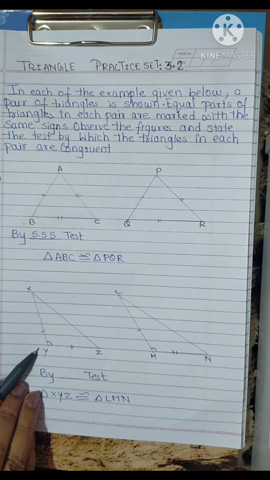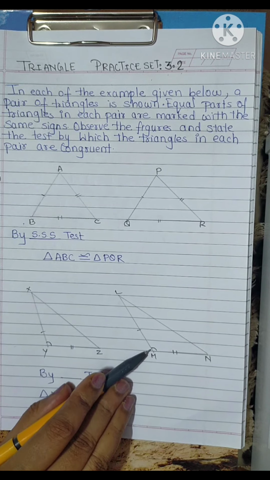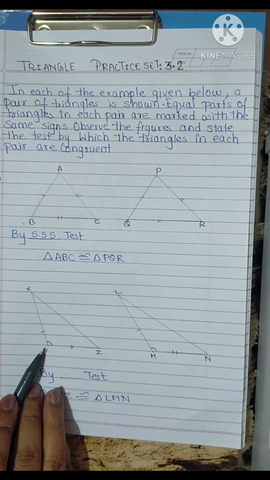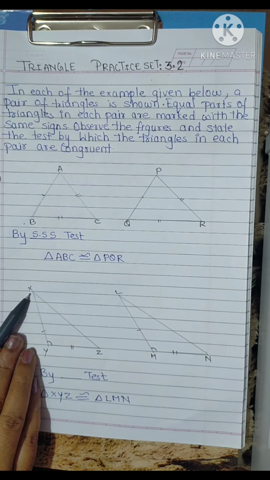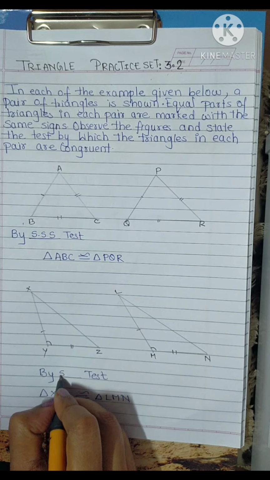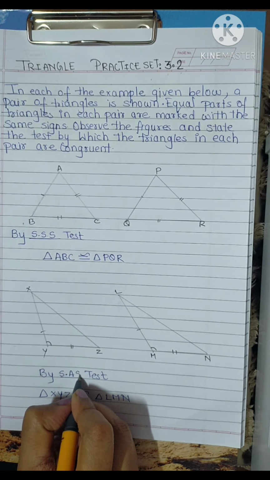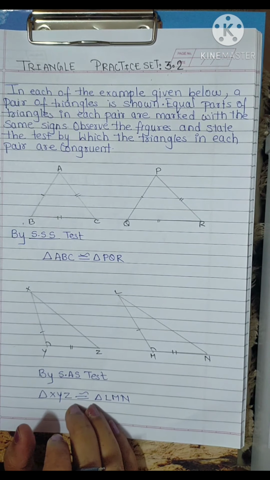In between these there is one angle given. Here angle Y and angle M are given. So this is SAS, the side angle side test. I hope you understood.